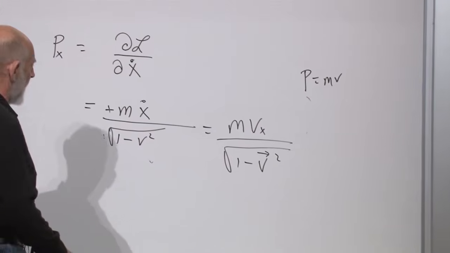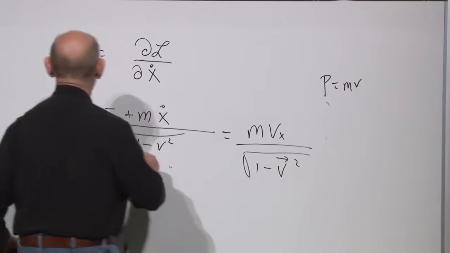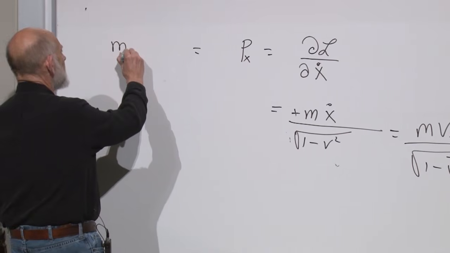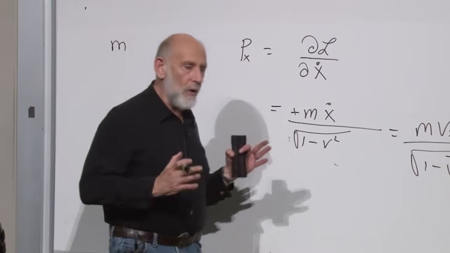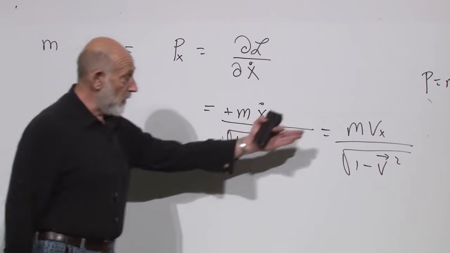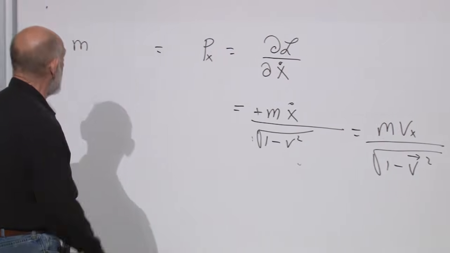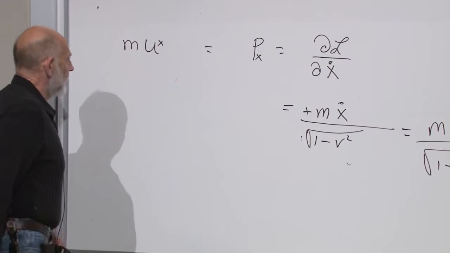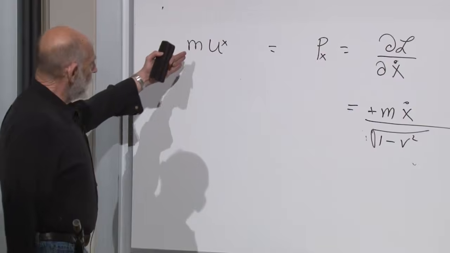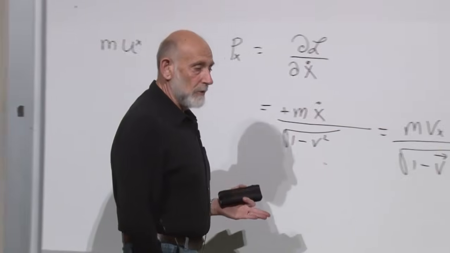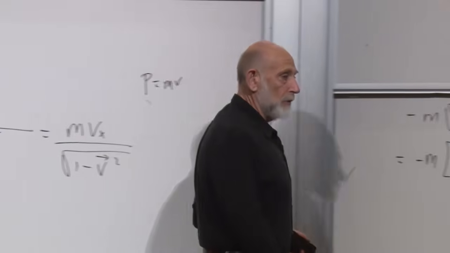We get p sub x, here it is, p sub x is nothing but the mass, not times the ordinary velocity, but by the ordinary velocity divided by the square root of 1 minus v squared, which is u sub x. The relativistic 4 velocity times the mass is equal to the x component of momentum.